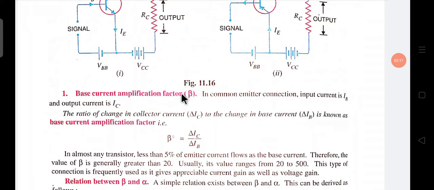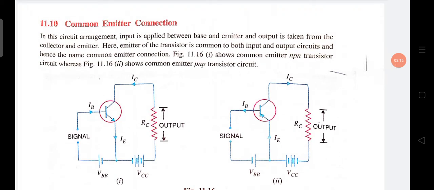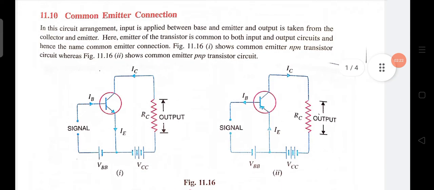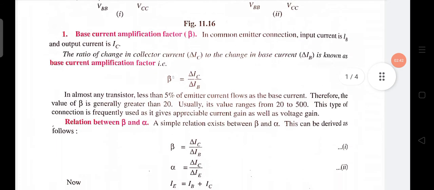Remember that alpha is the current amplification for the common base circuit, but beta is the current amplification of the common emitter connection. The ratio of the change in collector current to the change in base current is known as the base current amplification. Beta is delta IC by delta IB. Remember this.